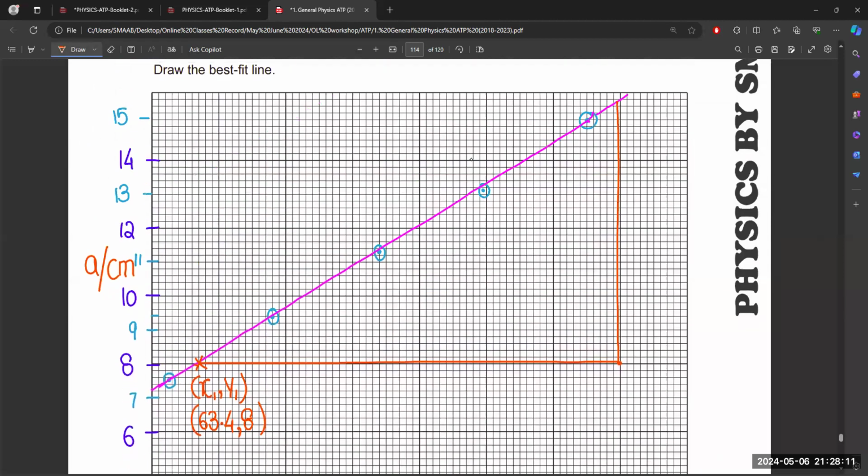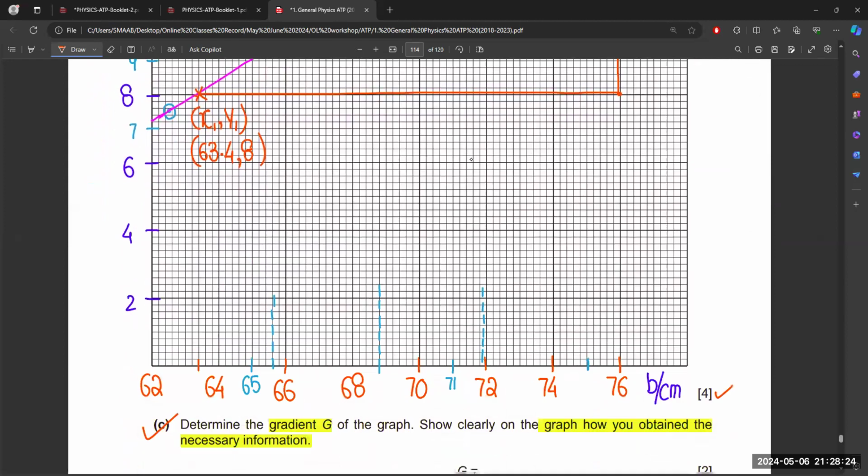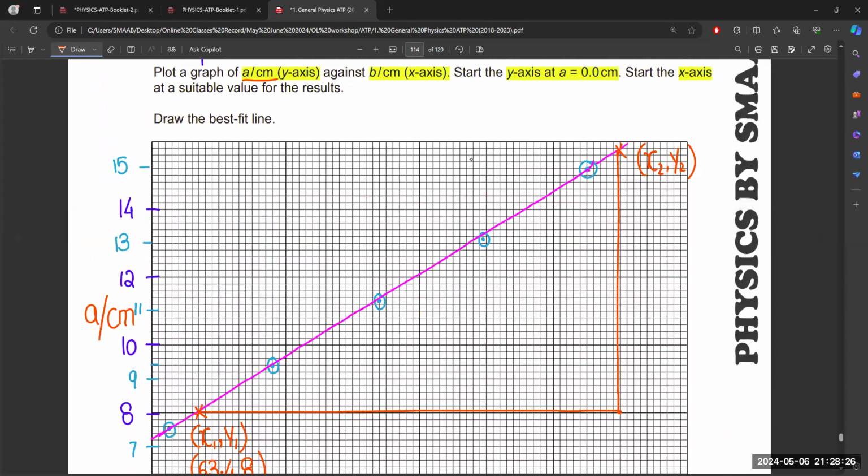And for the second point, this one, x2, y2. So x2 is 76 and y2 is 15.8.